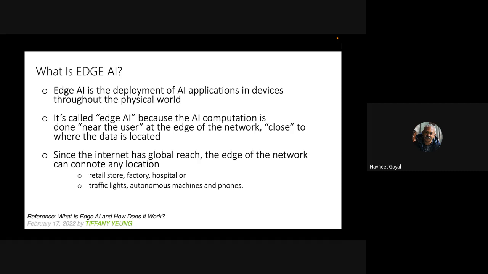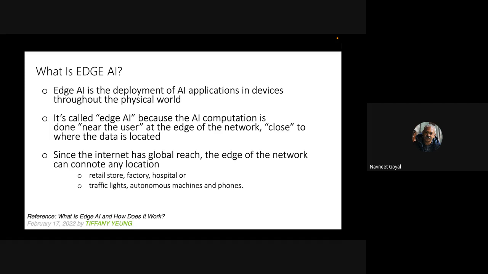Edge AI is basically the deployment of AI applications in devices throughout the physical world. These devices are mainly the ones which are generating data, not in all cases, but in most cases. One of the devices you can think of is a sensor, or a collection of sensors, all capturing data.